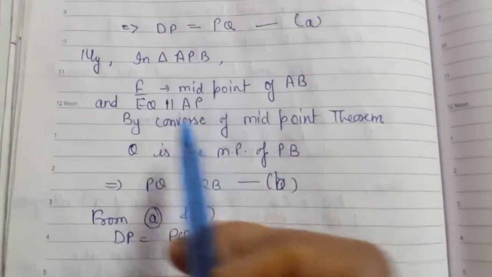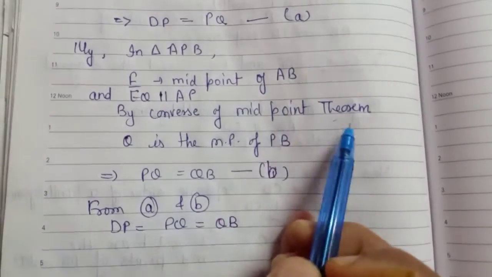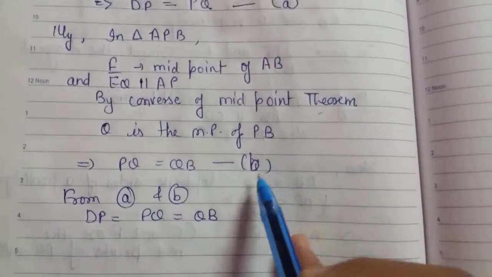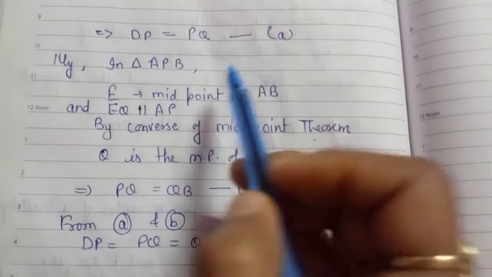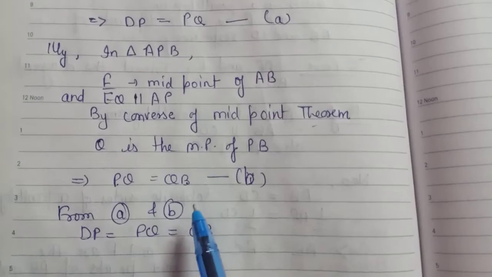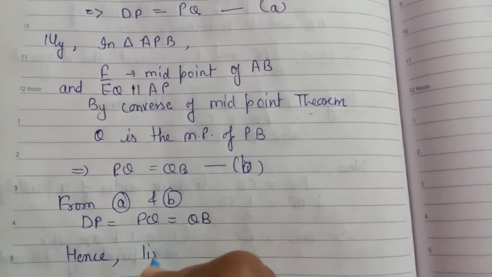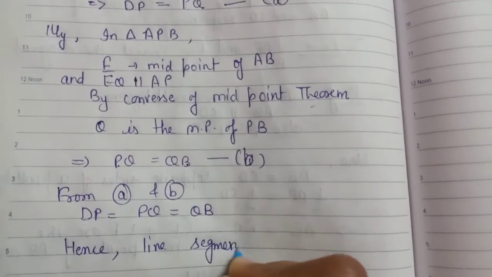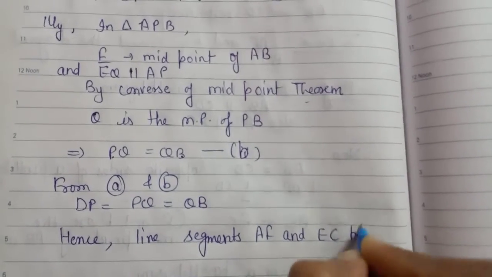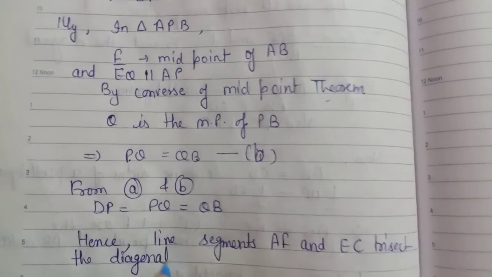Take this as equation B. So on combining A and B, we get DP is equal to PQ is equal to QB. Hence, line segments AF and EC trisect the diagonal BD.